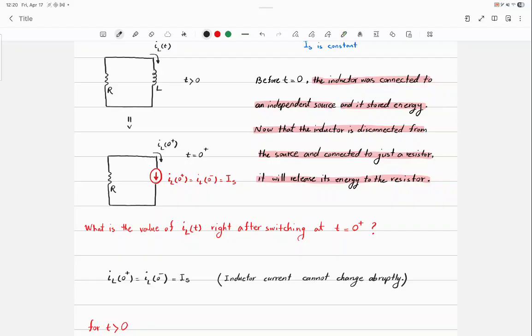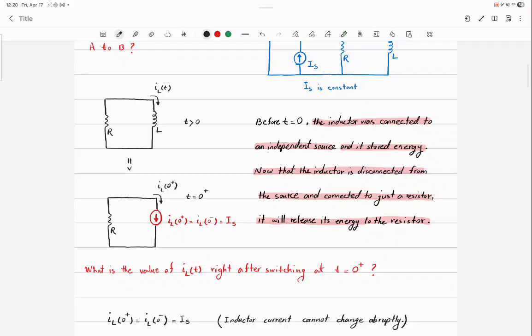My next question. I said at t equals 0 positive, this is your circuit. Is the circuit the same at t equals 1 second? Why not? It will lose some of the energy. So the value of that current source, IL, is going to be smaller and smaller until ultimately it becomes 0, right?